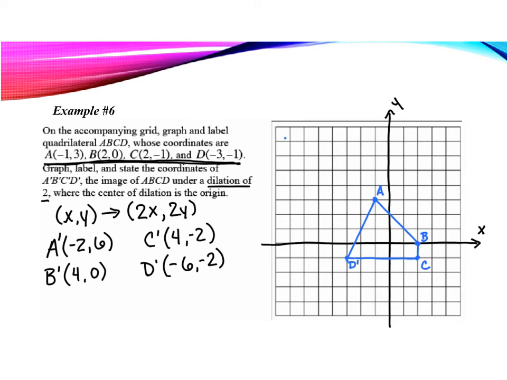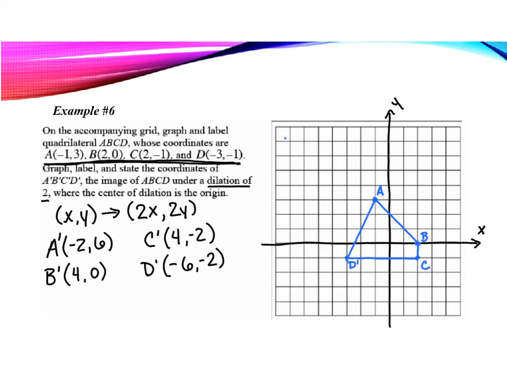Alright, so in our image, what should have happened when you drew this out is none of the angles actually changed. If you measure them with a measuring tool of some sort, you will see that all your angles are the same. What did change is all the side measurements of your figure.